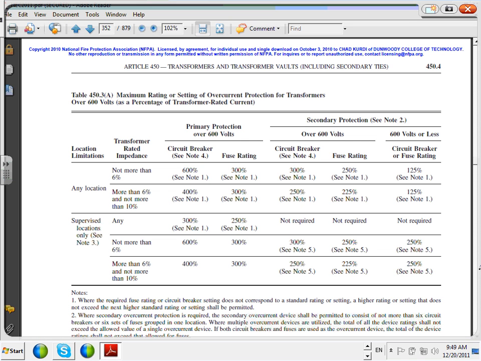If you look at 450.3(A), a couple of things you have to pay attention to. This is if the voltage is more than 600 volt, and you have to understand if it's more on the primary or secondary or both.